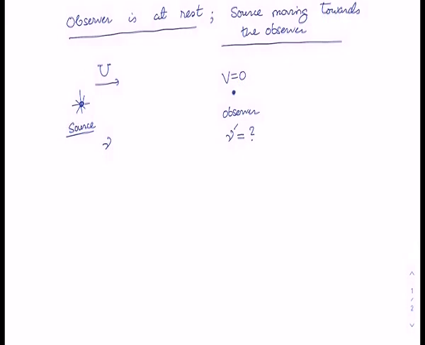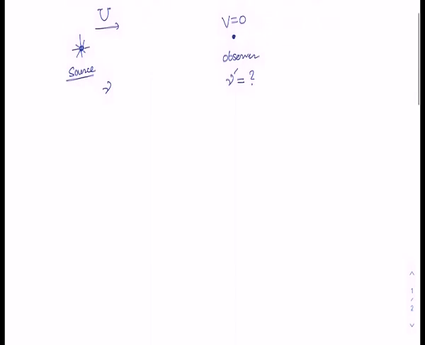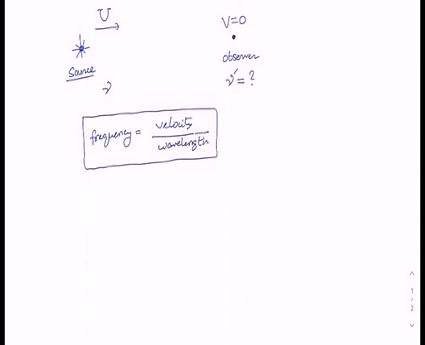To do that, let us rely on the basic formula for the frequency. You know, the frequency is velocity divided by wavelength, right? This is the only formula that you need to remember to work out everything.